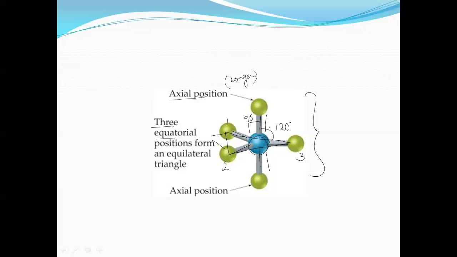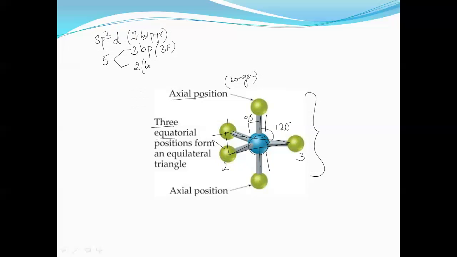Now, coming back, the hybridization is sp3d and the structure is trigonal bipyramidal. The steric number is 5, which means there are 5 positions around the central atom, of which 3 are bond pairs connected to the 3 fluorine atoms and 2 are lone pairs.